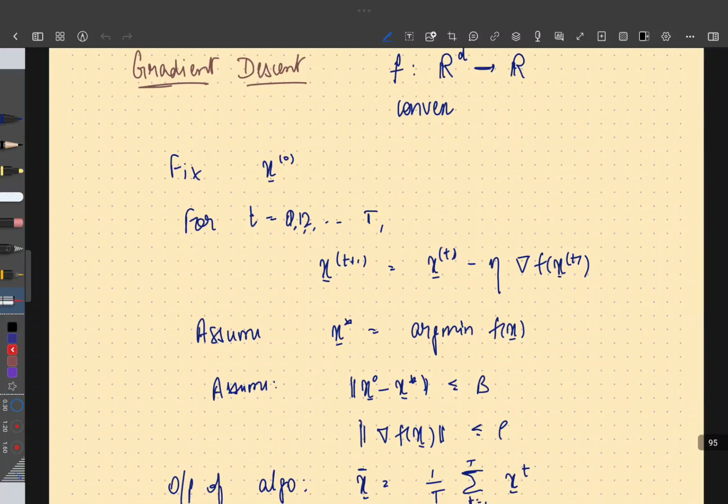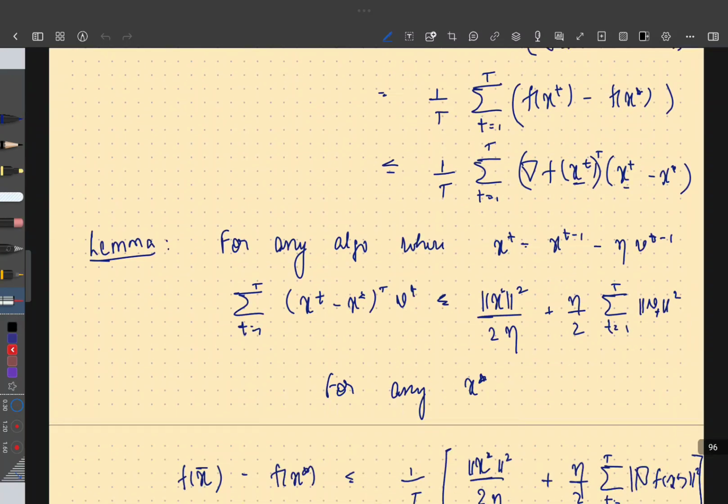And in the last class, we did a very quick analysis of gradient descent, particularly the rate of convergence of gradient descent.